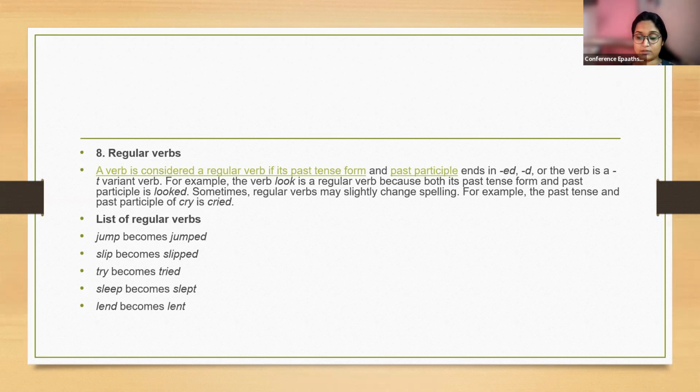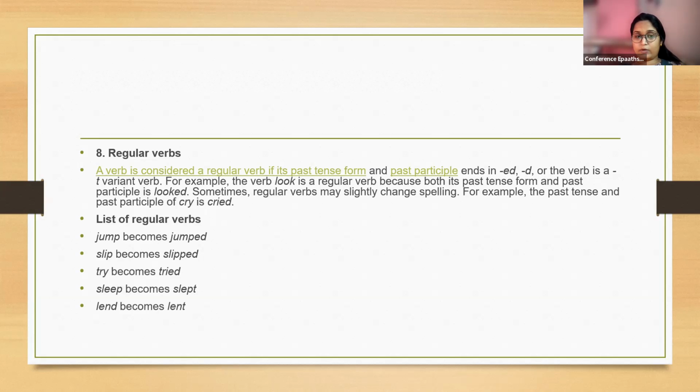Sometimes regular verbs may slightly change spelling. For example, the past tense and the past participle of cry is cried. Jump becomes jumped, try becomes tried. So what we said, if there is d or ed, then it is a regular verb, and the same form will continue in past tense and past participle.